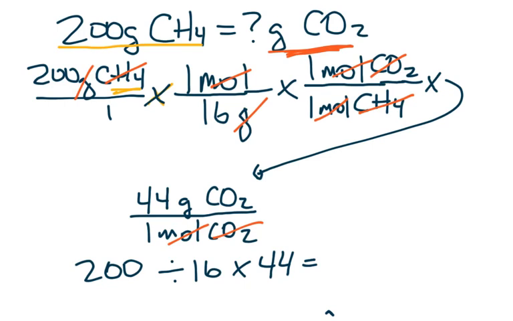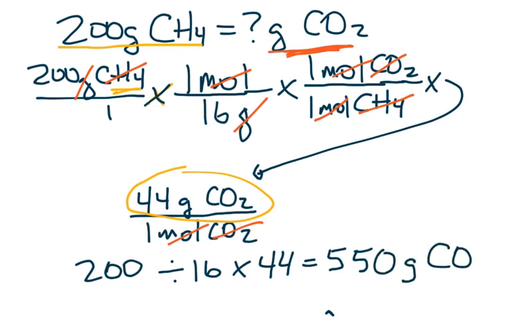I end up with 550. So that's 550, and what are my units? Well, my units are grams of CO2. So 550 grams of CO2.